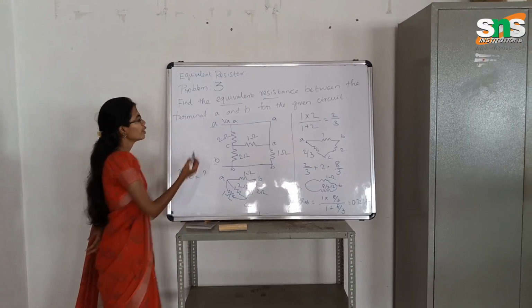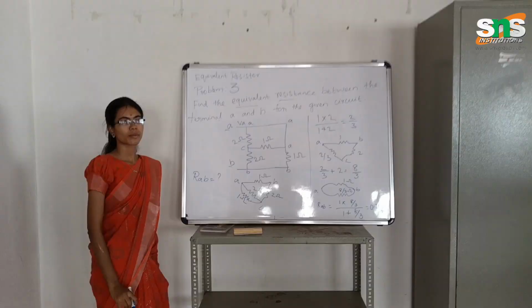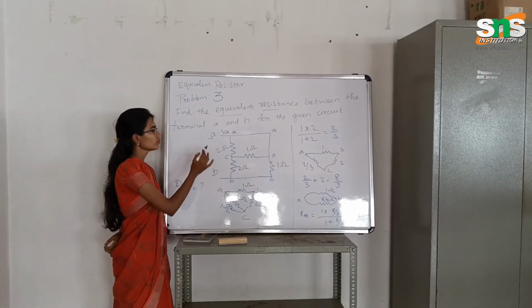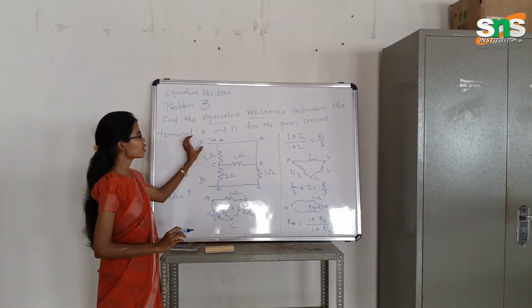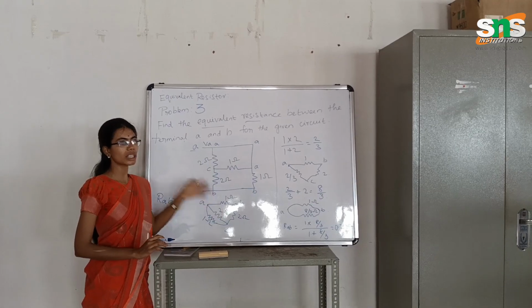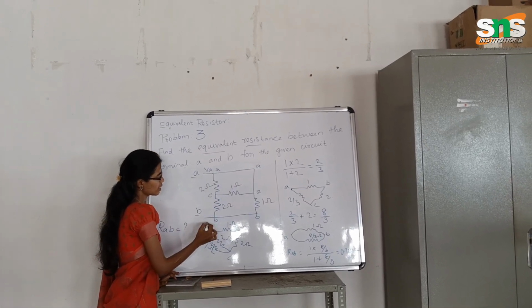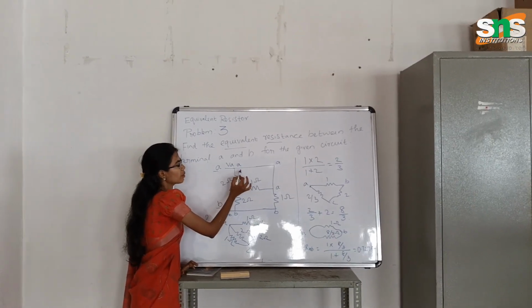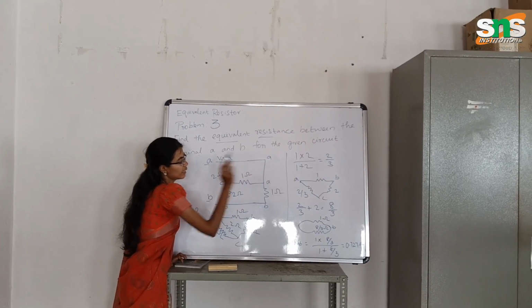So here we know that this terminal is denoted as A and this terminal as B. This belongs to the A terminal, and this also belongs to the A terminal, and this also corresponds with the A terminal.